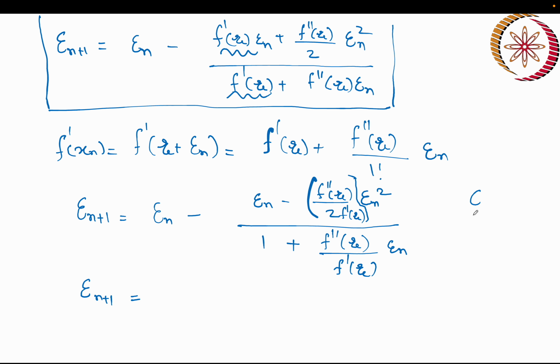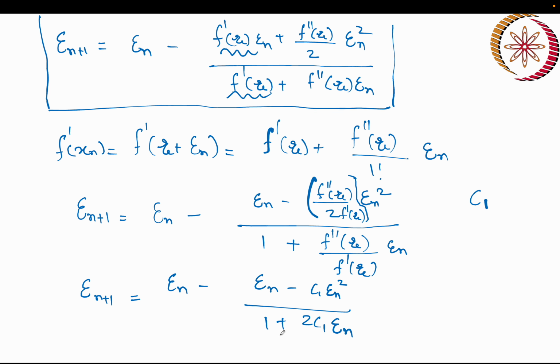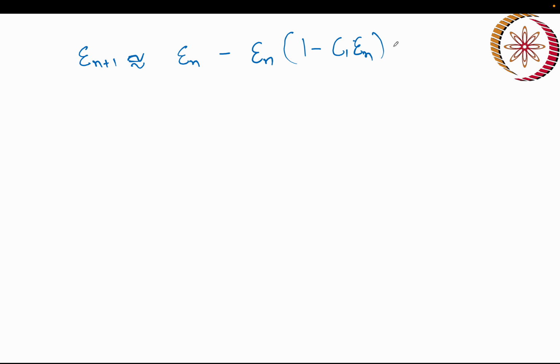Here we have neglected all the higher order terms, so instead of equality we can say approximated. Taking epsilon n common, it is epsilon n minus epsilon n into 1 minus c1 epsilon n, and 1 plus 2c1 epsilon n inverse.